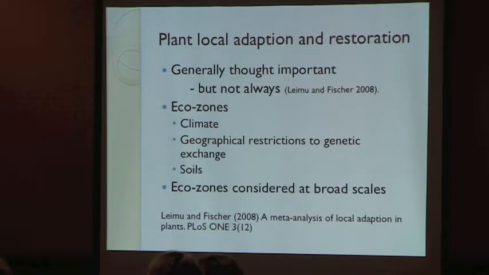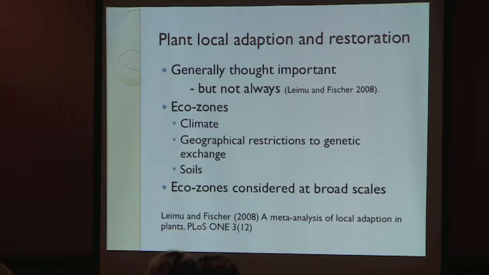Some of the more sophisticated models to delineate ecozones use geographical restrictions to genetic exchange. For example, the Palouse grasslands can be quite similar to the grasslands we have here, but we happen to have the Bitterroot mountain range in between. Probably not a whole lot of genetic exchange occurring between the two systems.